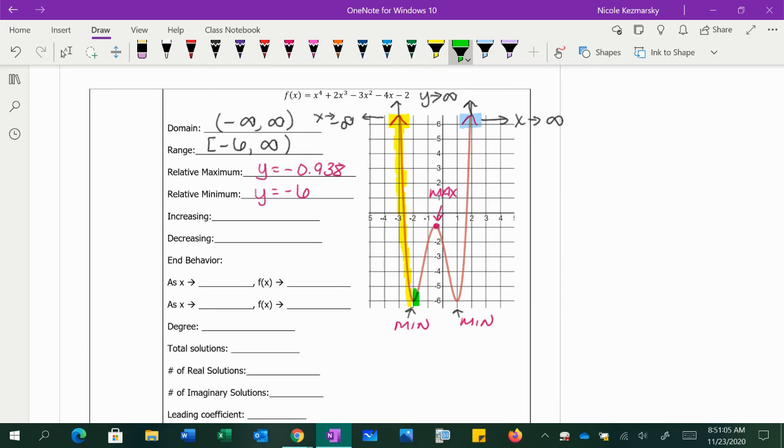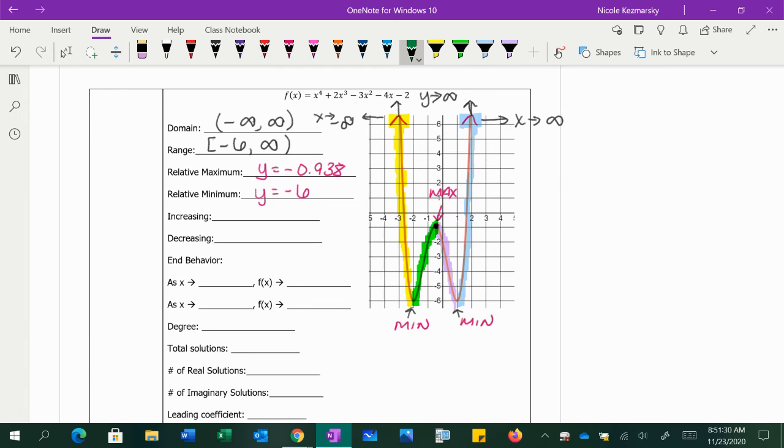The graph turns around and starts going uphill until we hit a max. Then we head downhill until we hit the min, and then back uphill. And we keep going uphill until we get to the arrow. So those are our regions for increasing and decreasing.